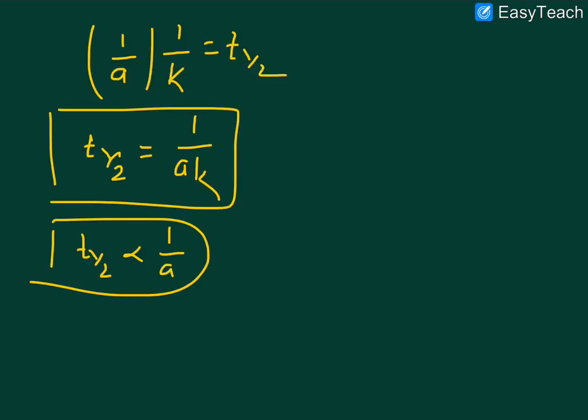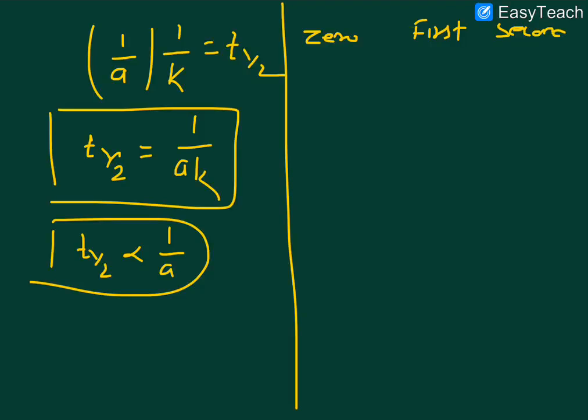So we can say t half is inversely proportional to initial concentration of reactant, and there is a major difference between zero order, first order as well as second order reactions. So we can get a comparison between zero order, first order, and second order.